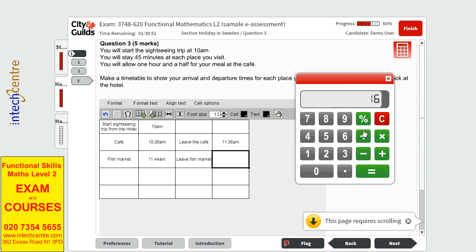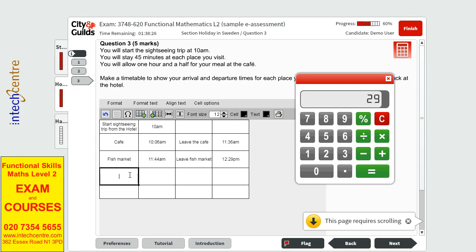So 16 minutes until we can make it 12 p.m. So we have 45 minutes out of our 45 minute stay. So 45 minus the 16 to make it 12. Noon is going to be 29 minutes left. Therefore, it will be 12:29 when you will be leaving the fish market.